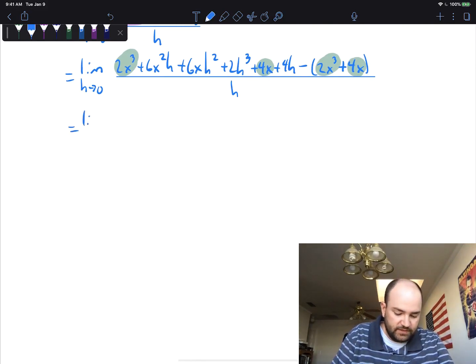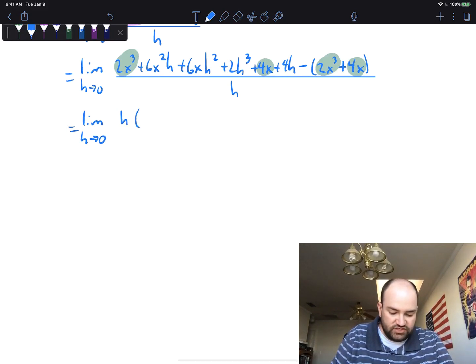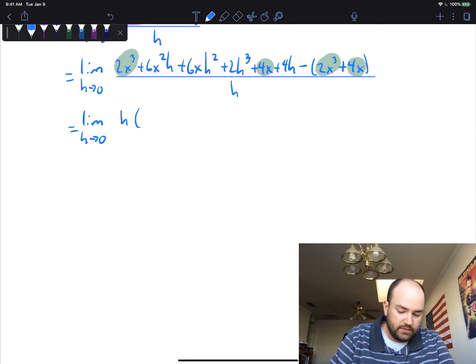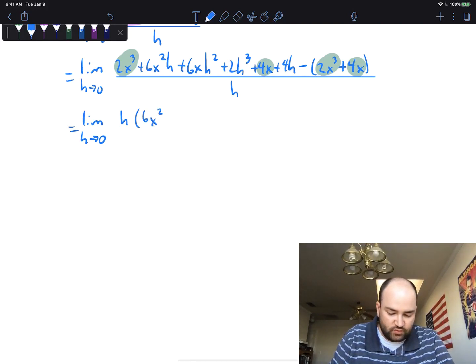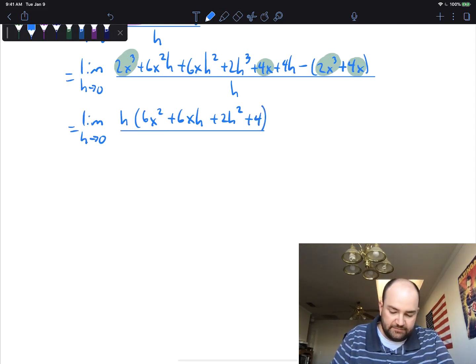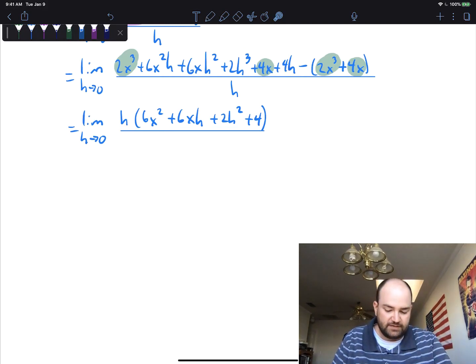So this is going to give me the limit as h goes to 0 of h times, and then because I'm taking out an h, I need to divide an h from every term that's left over. And that gives us 6x squared plus 6xh plus 2h squared plus 4. And it's very easy to forget this one over here, so be careful with that.